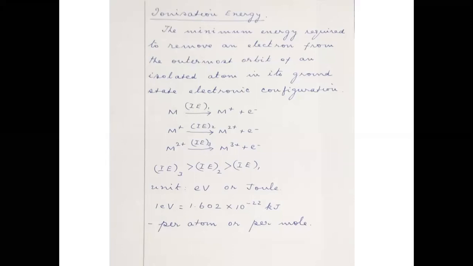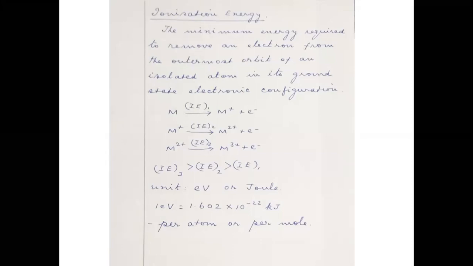When you compare these, the third ionization energy is of the highest value, next to that the second ionization energy with a little bit lesser value, and the least among the three is the first ionization energy.